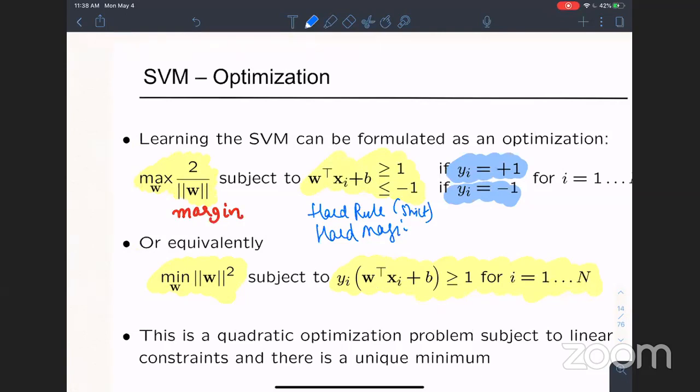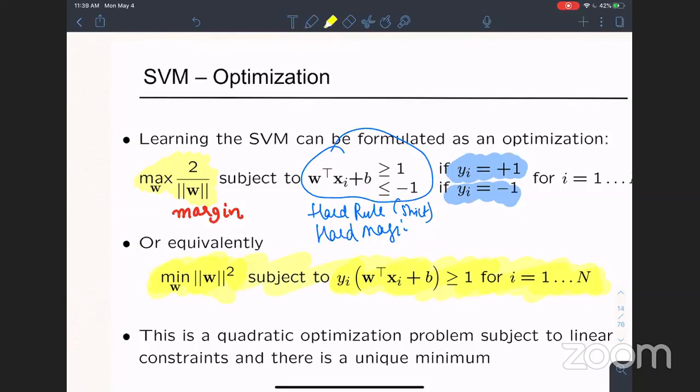This same problem can be represented as, as somebody said, maximizing 2 by ||W|| is the same as minimizing ||W||^2, because ||W|| is a positive quantity. So maximizing this is minimizing the denominator. And we have already seen in the first slide how we can combine this into one equation. So ultimately, this is my objective for a hard margin classifier.